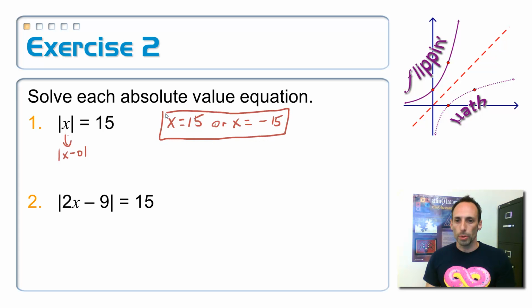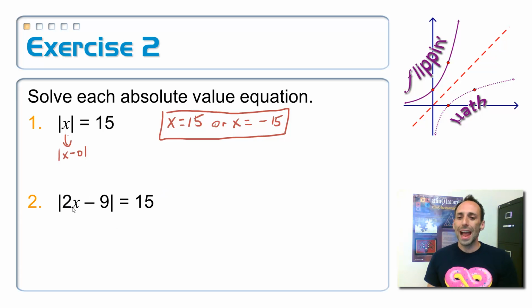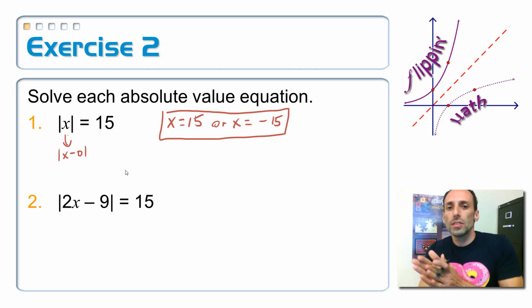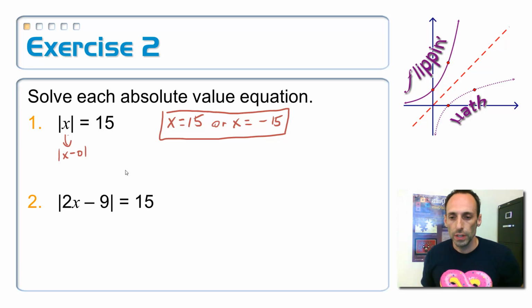So that's our answer, just those two numbers. Let's look at the second one. The absolute value of 2x minus 9 equals 15. So essentially what this is saying is that the distance between a quantity 2x and 9 is 15. So I need two answers.